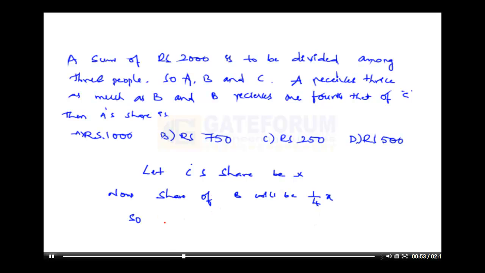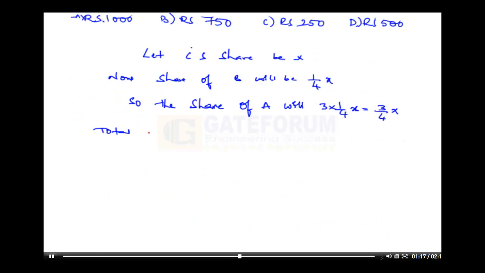So the share of A will be 3 times of B, nothing but 3 into 1/4 x, which is 3/4 x. The total amount is 2000.